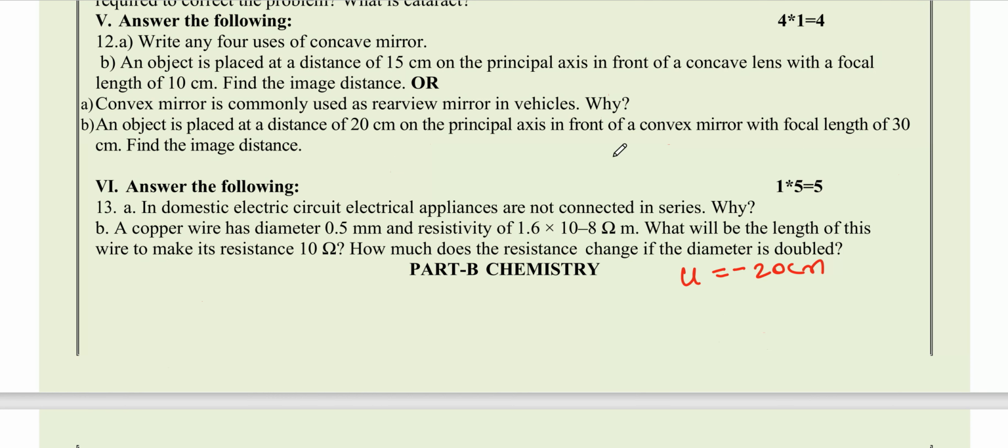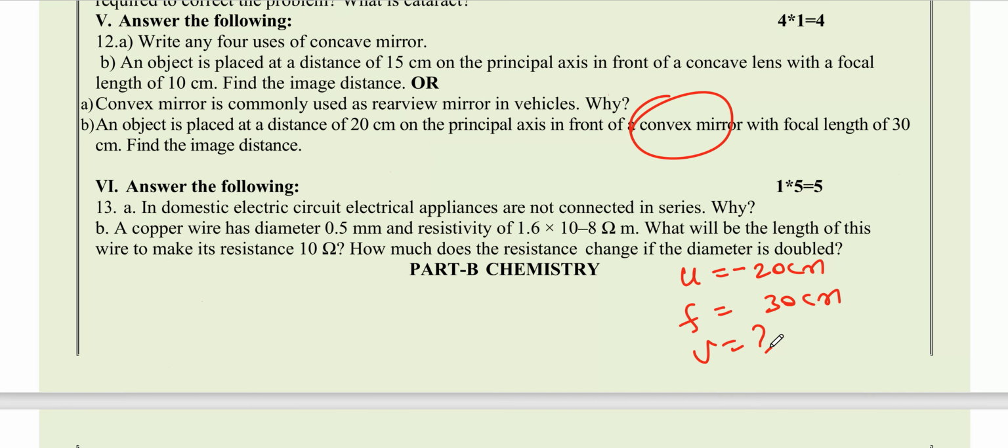On the principal axis, which mirror? Convex mirror. Correct? Focal length is how much? 30 centimeter. Concave negative, convex keep positive only. If it is concave we have to put negative. Since it is convex we have to keep this positive only. Focal length. Find the image distance. They are asking us to calculate V.